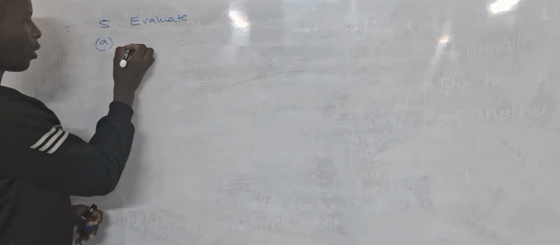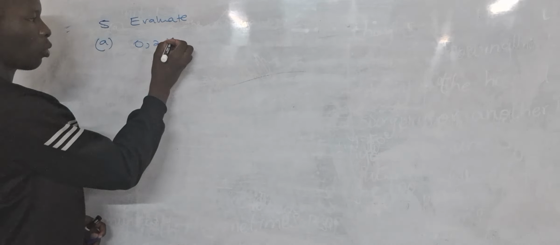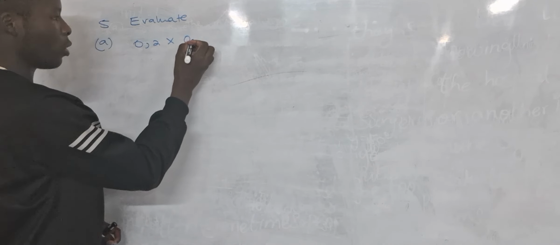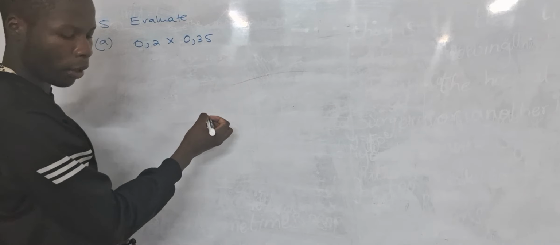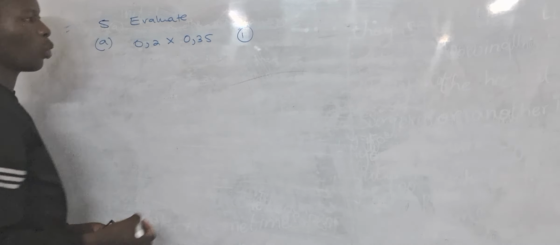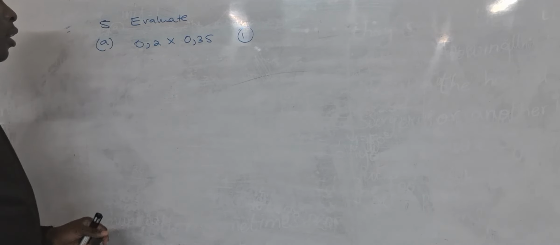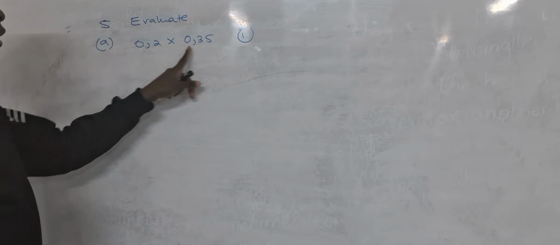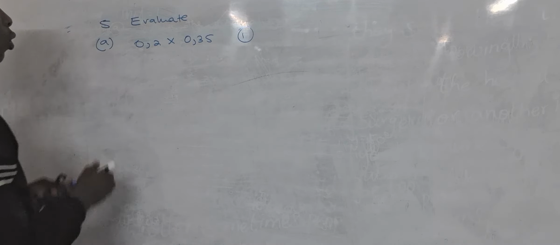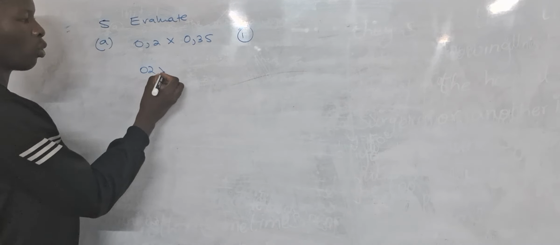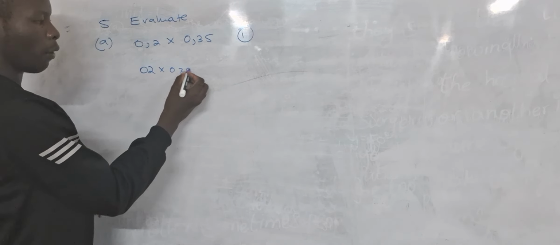Part A, there is 0.2 times 0.35. This is a 1 mark question. You are supposed to evaluate this. This is 0.2 times 0.35. What do you do? Ignore the commas. So if you ignore the commas, this is 0.2 times 0.35.